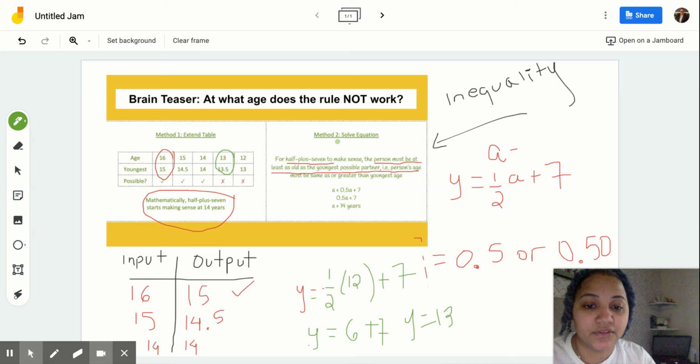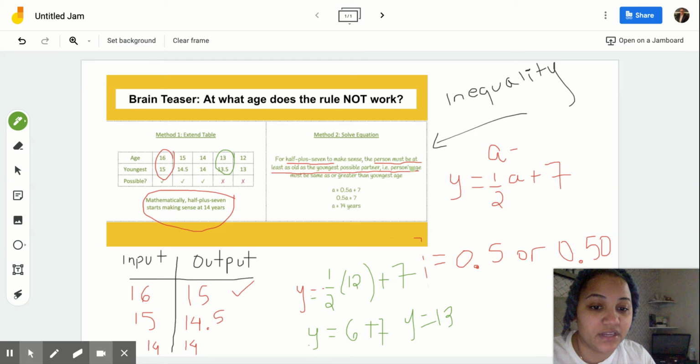Now, in method 2, it says solve the equation. Let's think about that real quick. It says for half plus 7 to make sense, the person must be at least as old as the youngest possible partner. So the same age as the youngest possible partner, which is why here 14 or 14 is okay.